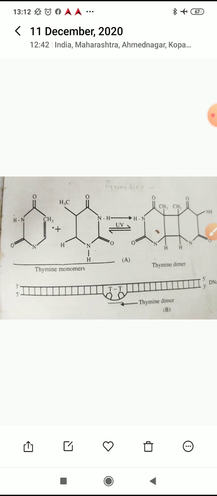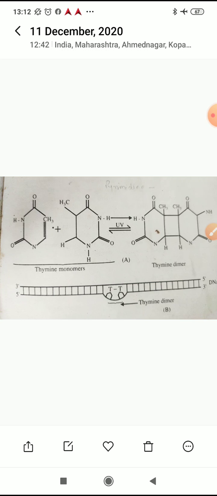Unusual base pairing also causes changes in DNA. Now, base analogues. Base analogues are placed in place of normal base pair during DNA replication, and this damages DNA.